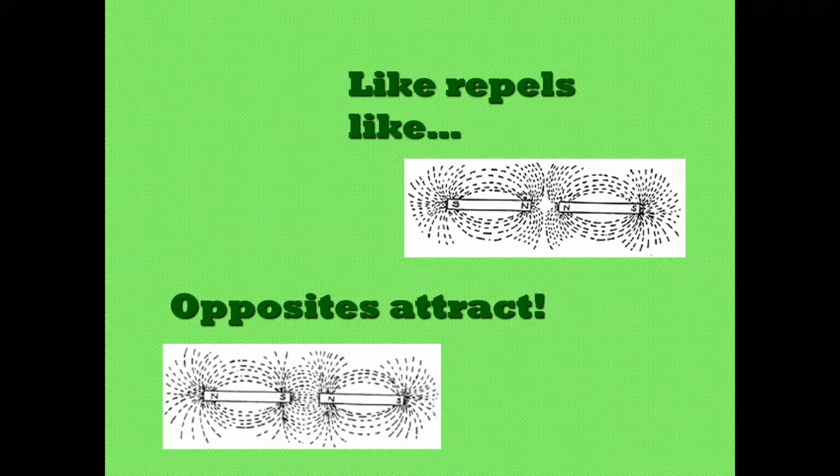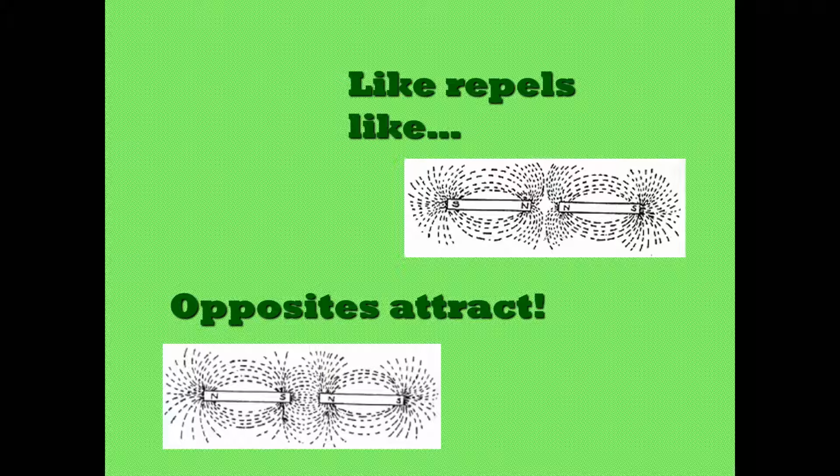In this case, the magnetic field lines are emerging from the North Pole, traveling to the South Pole, and a magnetic field is formed between these two North and South poles. But in this case, there is a gap in these two magnetic field lines because the North Pole of this magnet and the North Pole of this magnet are creating separate magnetic field lines, and they are not interfering with each other.